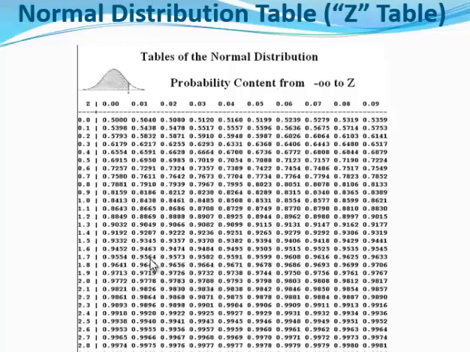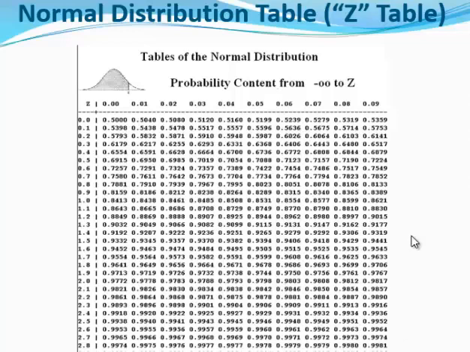Well, then I'd look for the 95%. Now I'm scrolling over here. I see it's right in between here and here. This is 94.95. This is 95.05. So it would be right around 1.65. We'll call it 1.65 standard deviations.